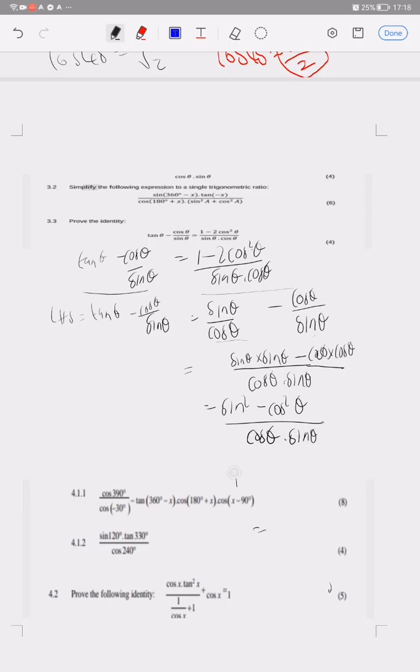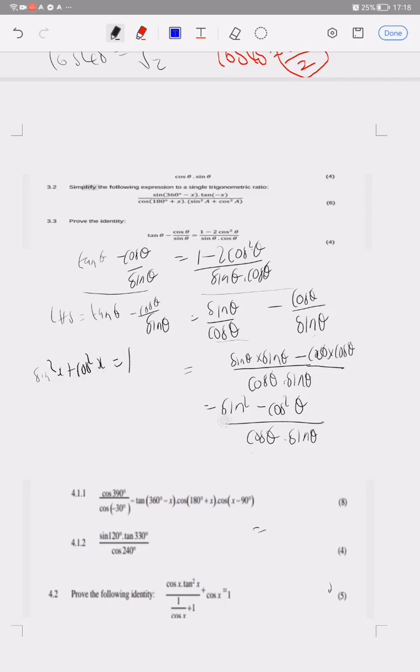But we haven't got what we are looking for. Now we go to this identity: sine squared theta plus cos squared theta is equal to 1.